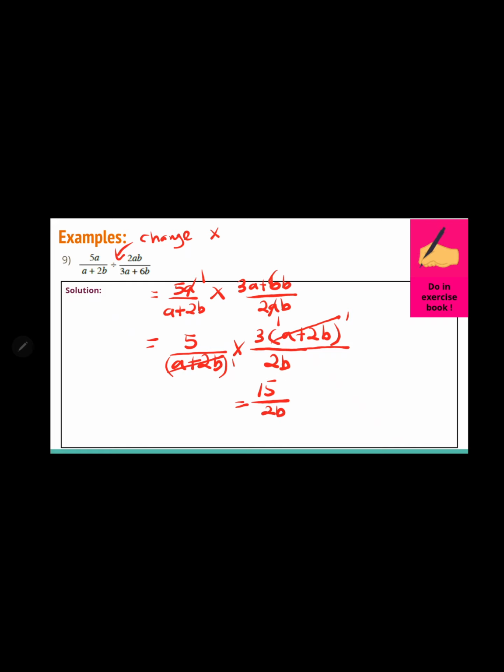Done. This is your final answer. Actually, don't worry. It seems so complicated at the beginning, so long, but you'll see your answer is easy. That is why we follow step by step: the factorize rule, the expansion rules. It's not difficult.